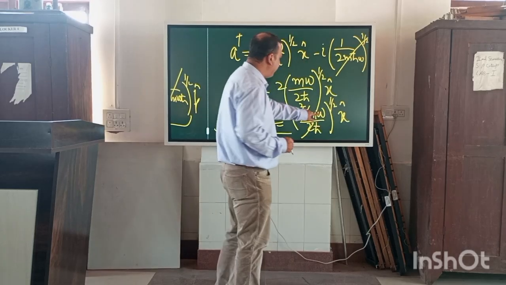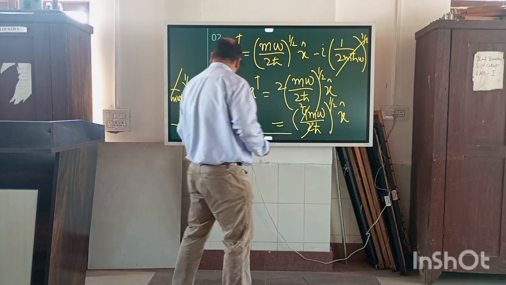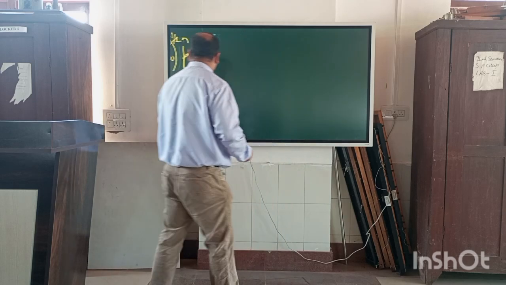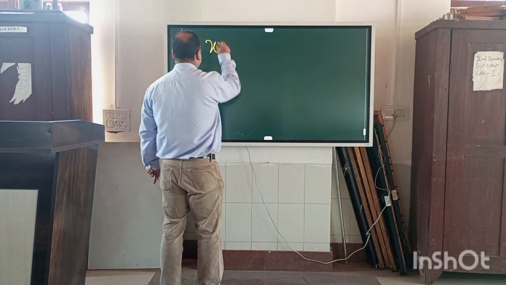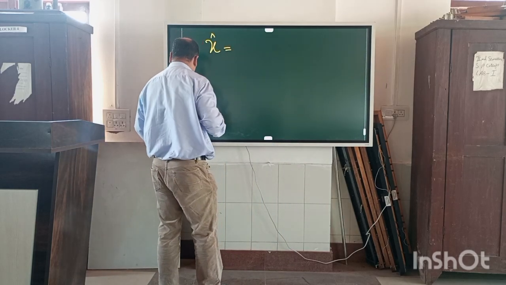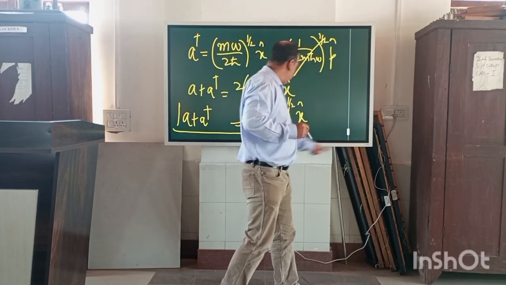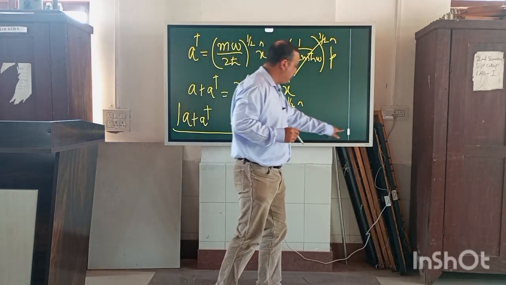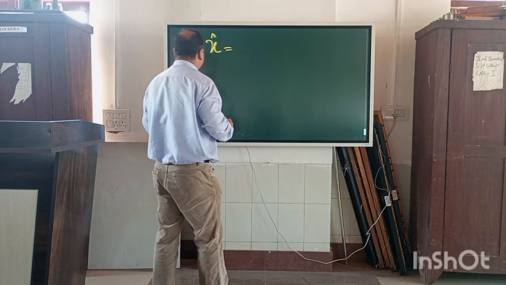So from here we can calculate x cap, we can have an expression for the position operator. This h bar will go up and 2 m omega will come down.